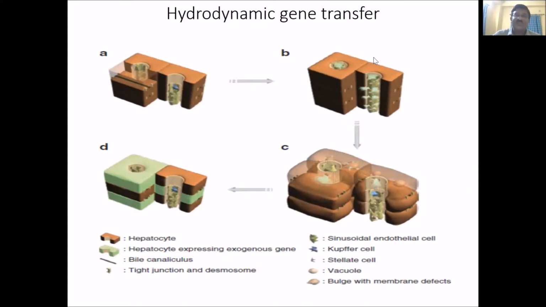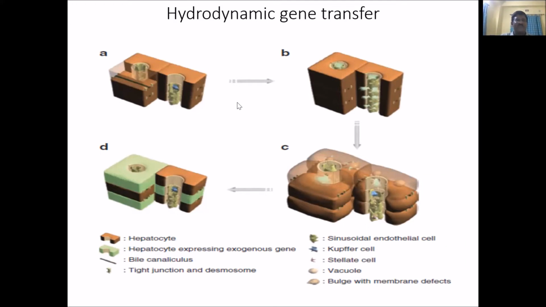But the most modern technique for introducing genes directly into the body or into the cells is known as hydrodynamic gene transfer, which was discovered not many years ago, most probably in 2013. So this is a relatively fresh technique.